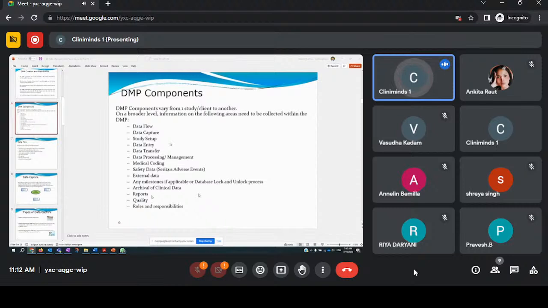Sometimes you take a 10% sample of all data, but sometimes it is recommended to do quality check for 100% of the data for safety, which is related to patient safety. Like you have adverse event data, medical history data, treatment data, right?